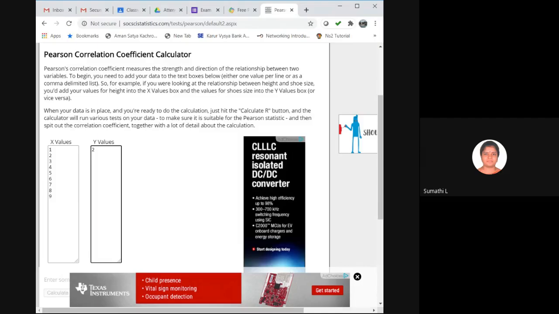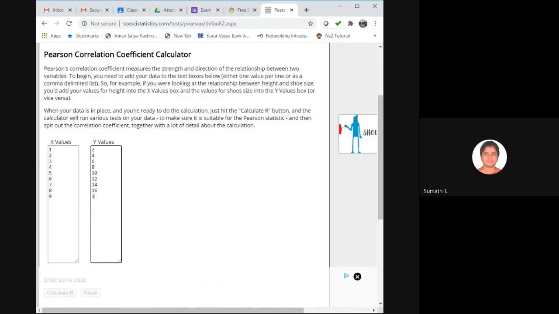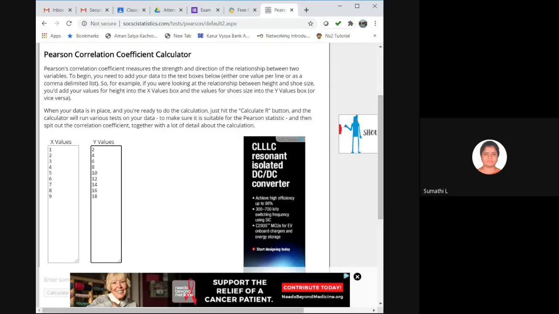It will show me the strongest correlation, that is 1. 4, 6, 8, 10, 12, 14, 18. Okay, I have X and Y values.